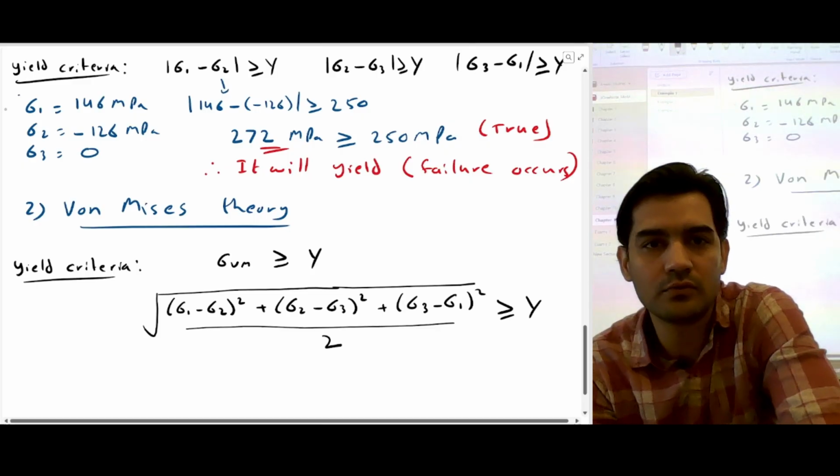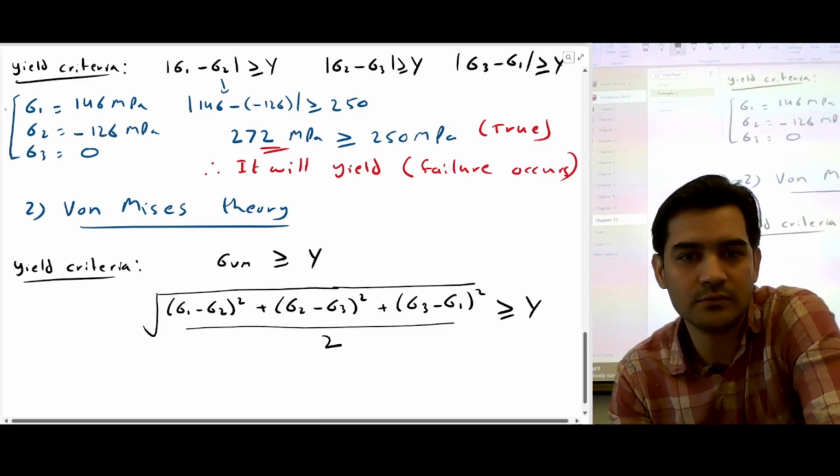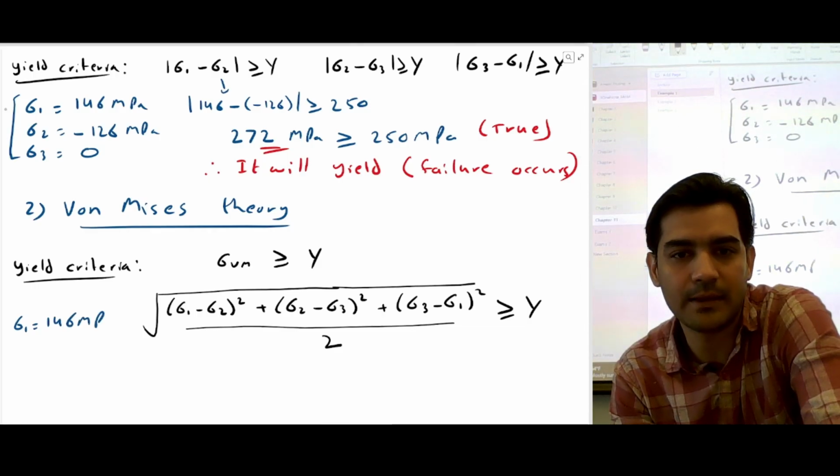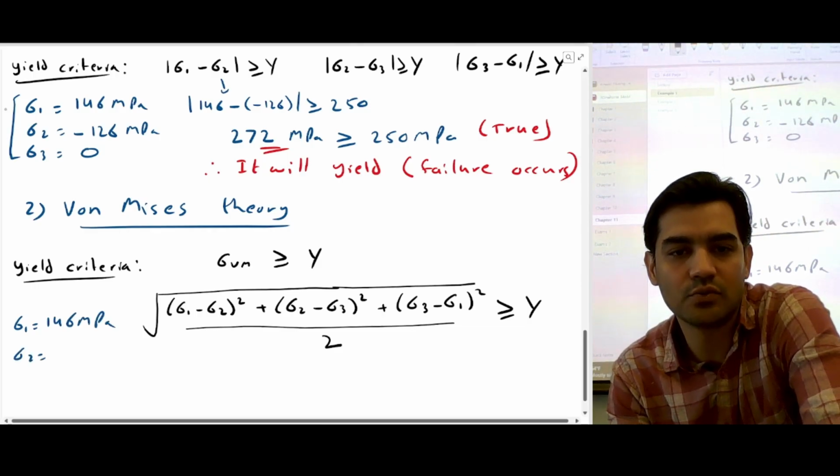And we know these values. Stress 1 we know is 146 megapascals. Stress 2 we know is negative 126 megapascals. And stress 3 we know is 0.